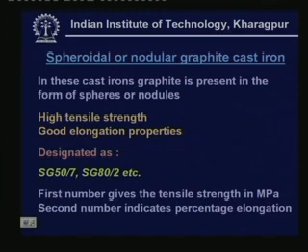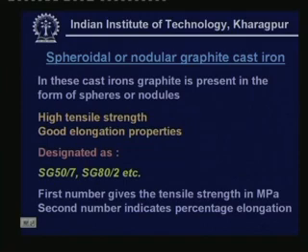Now, we come down to spheroidal or nodular graphite cast iron. What is this? In these cast irons, graphite is present in the form of spheres or nodules.